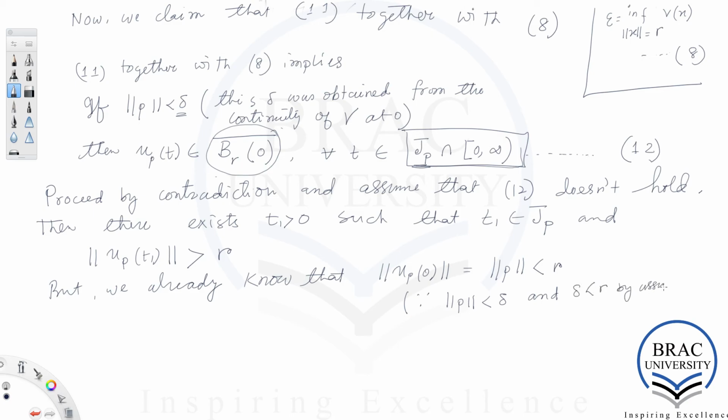Remember that we assume that the ball of radius delta centered at 0 is contained in the ball of radius R centered at 0, meaning that delta is strictly less than R. Which means that norm of P is less than R.